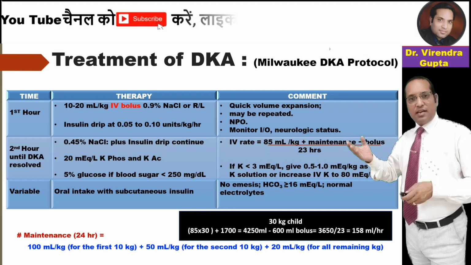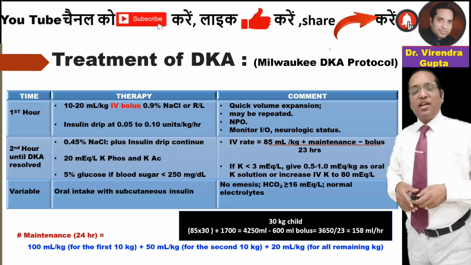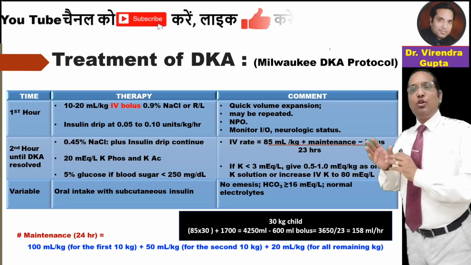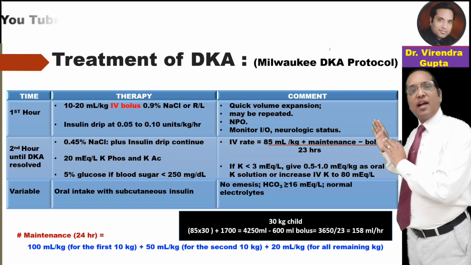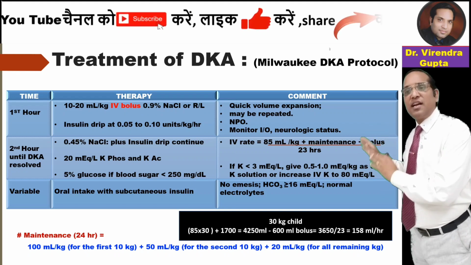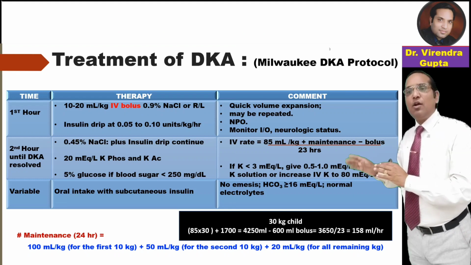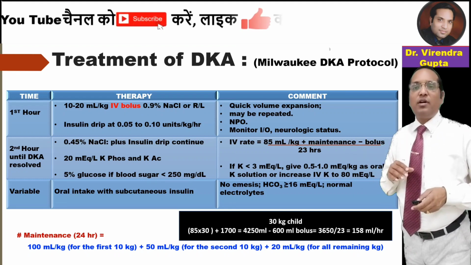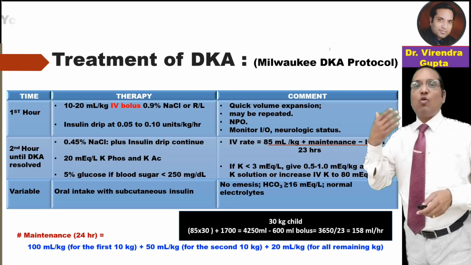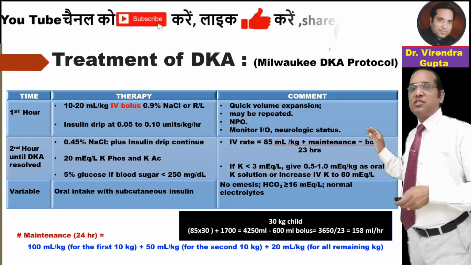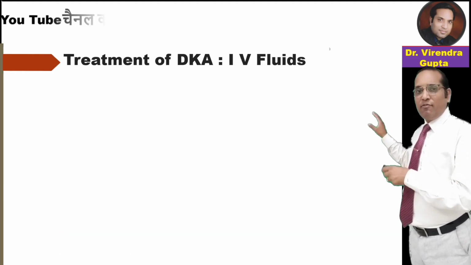We will discuss it later on. And guys, when the patient has no emesis, acidosis is corrected, bicarbonate level is more than 15 milliequivalent per liter or electrolytes are normal, we should shift to oral intake and subcutaneous insulin. So guys, one by one we will discuss here.